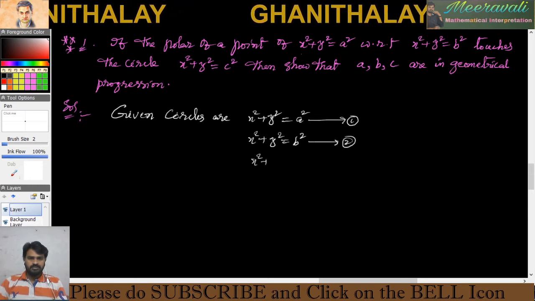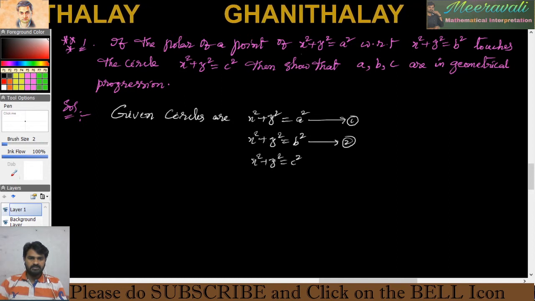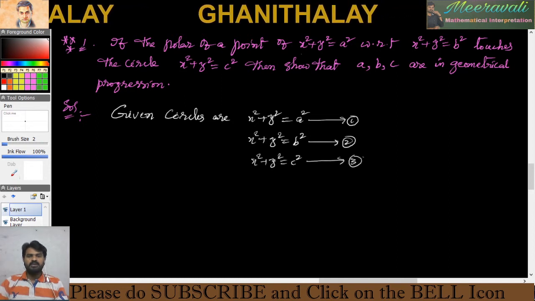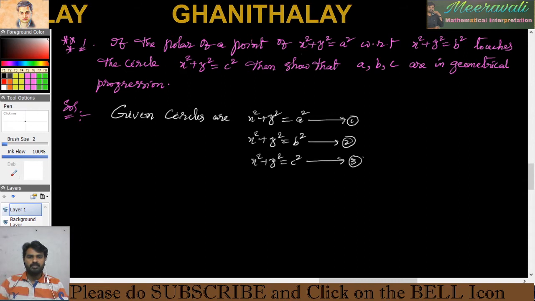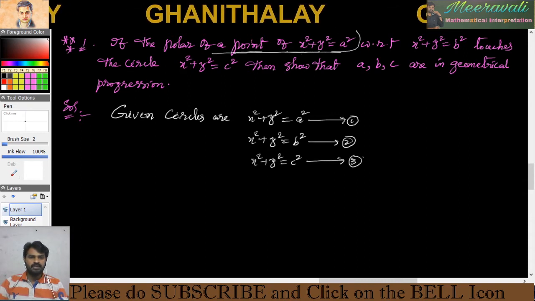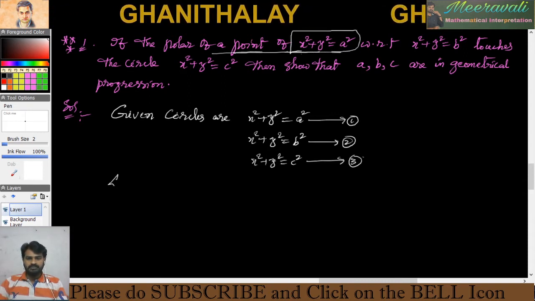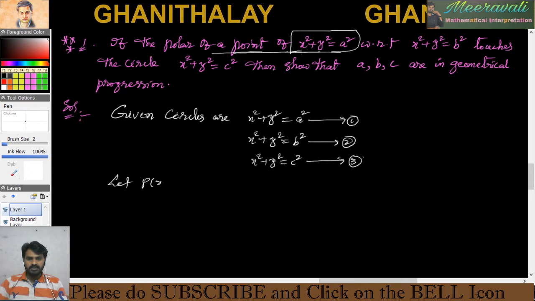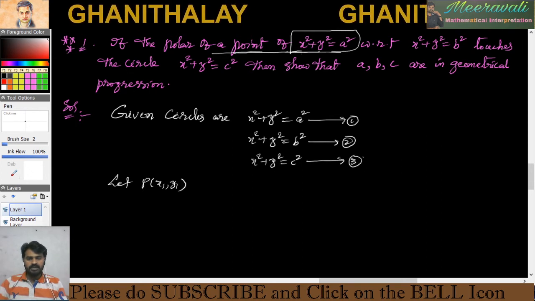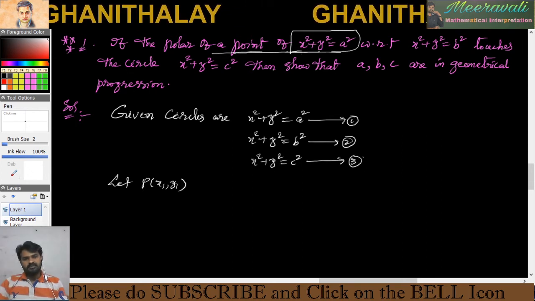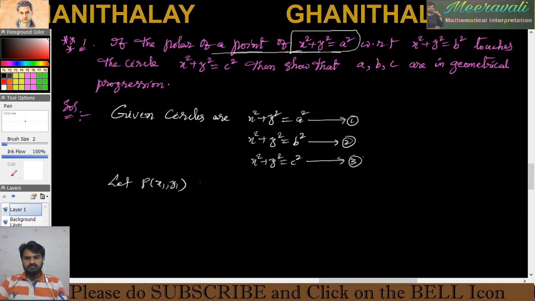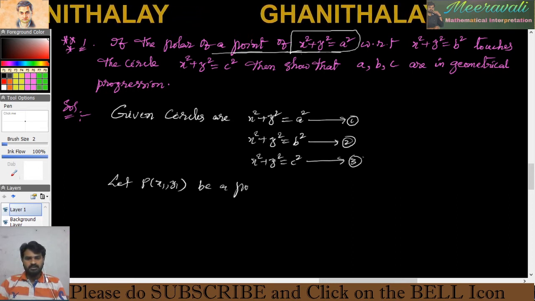Next, x square plus y square is equal to c square, this is equation number 3. Now we have to take the polar of a point of circle 1. So let P(x1, y1) be a point on circle 1.